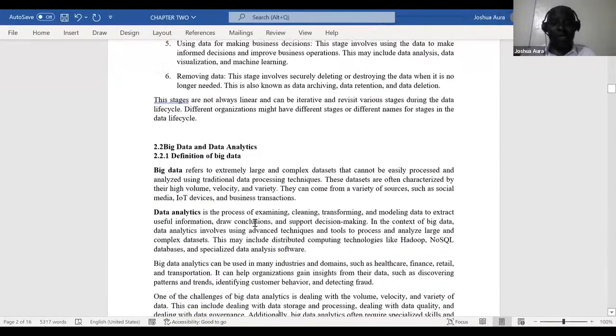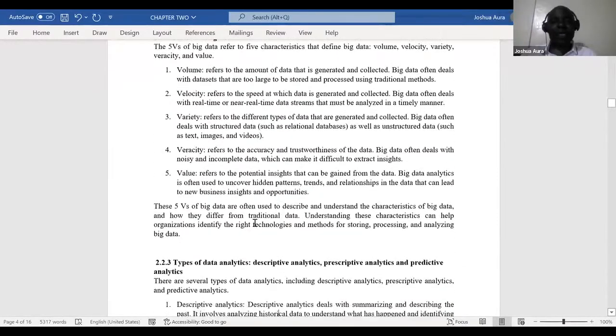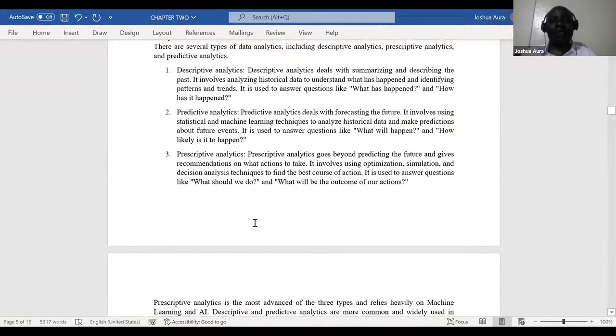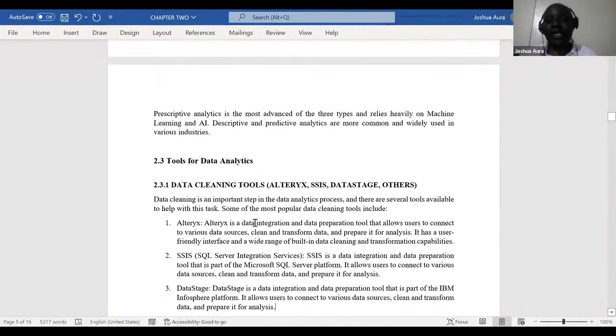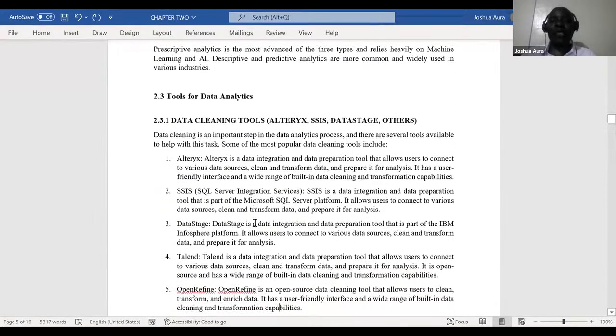We have big data. We have the 5 V's of big data, types of data analysis: descriptive analytics, prescriptive analytics, predictive analytics. Tools for data analysis. If you look at your syllabus, we have tools for data analytics. Data cleaning tools, we have those ones.